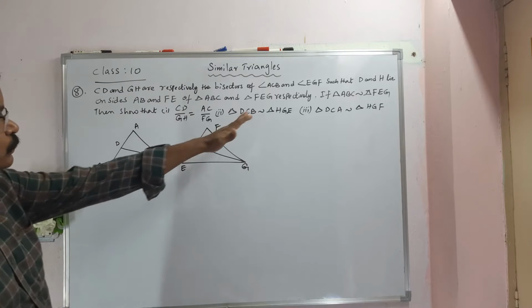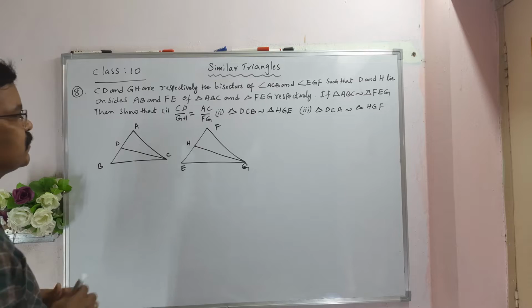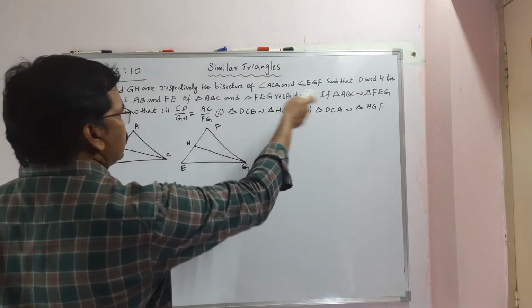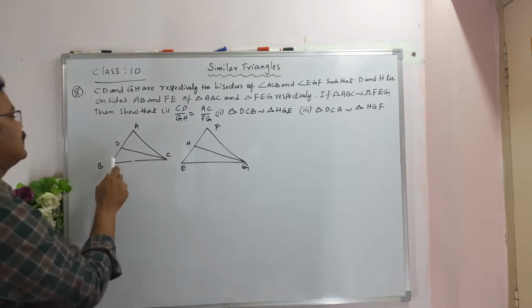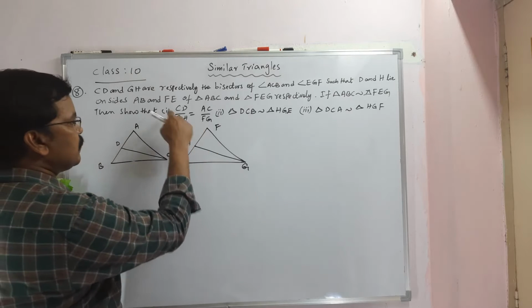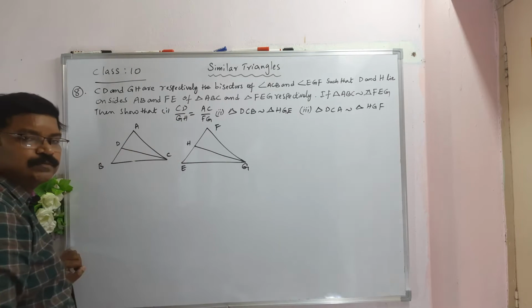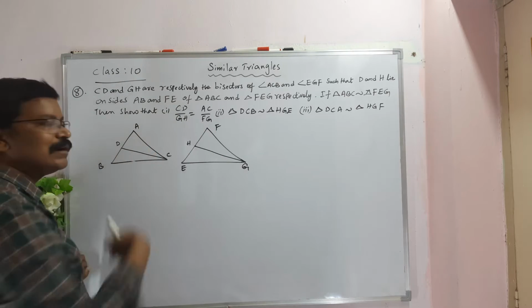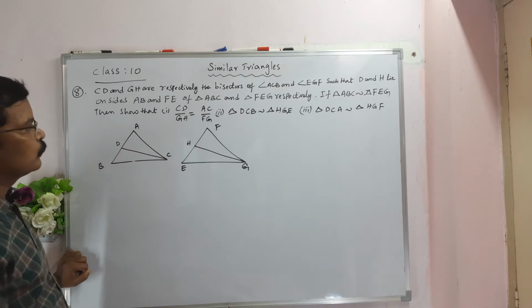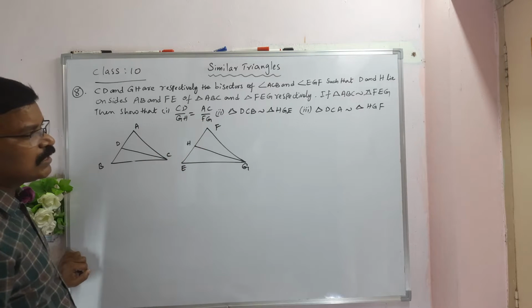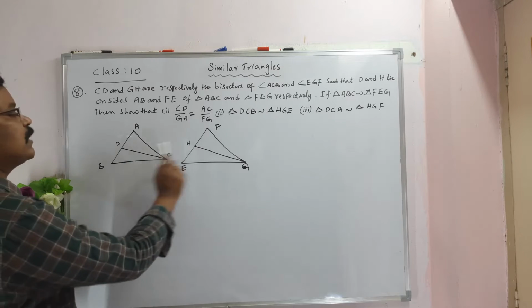D and H lie on sides AB and FE of triangle ABC and triangle FEG respectively. So here the two triangles are similar.